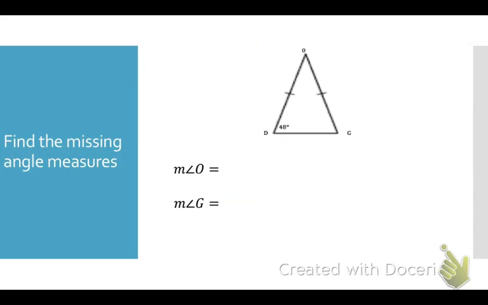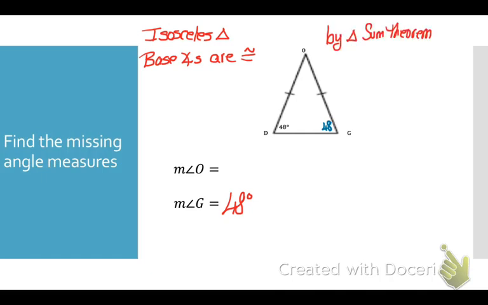All right, let's look at this. This DOG triangle is also an isosceles triangle, so I know that the base angles have to be congruent. So if D is 48, then G also has to be 48. And to find the vertex, angle O, I'm going to use the triangle sum theorem, which says that if I give O a variable, let's say it's x, if I add up all the degrees of all three of those angles, x plus 48 plus 48 has to equal 180.